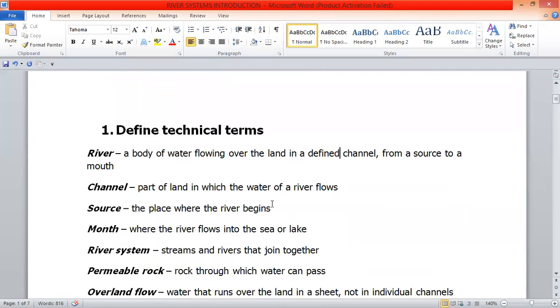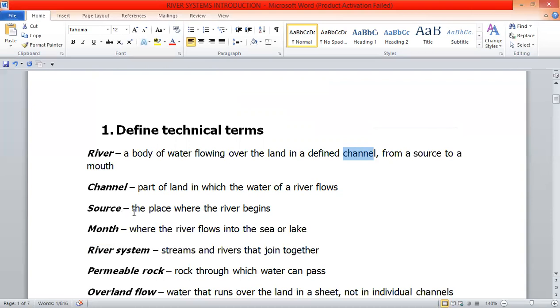The water flows in a channel. What is a channel? It is the part of land in which the water of a river flows. That's a channel where the river flows.